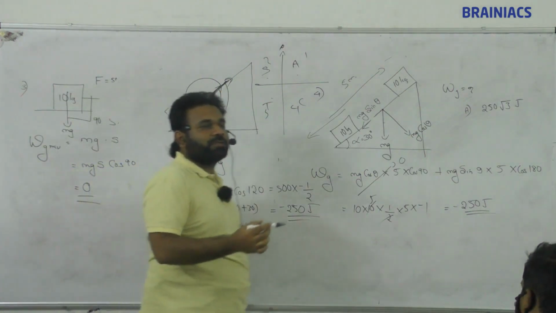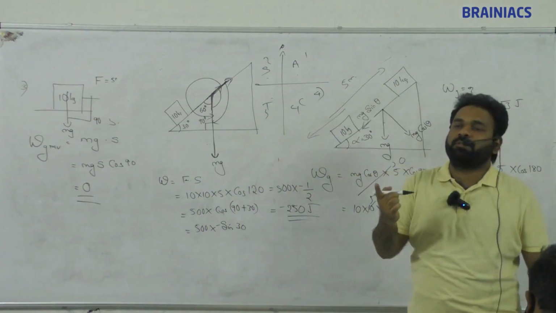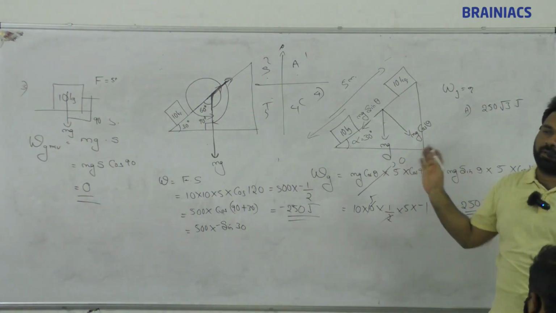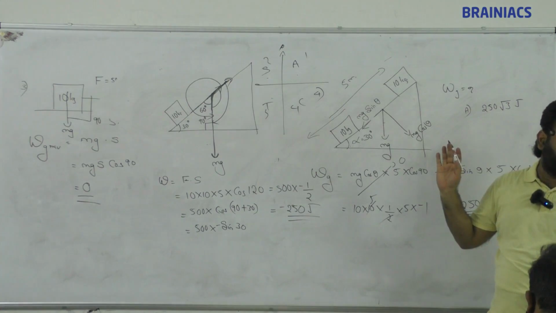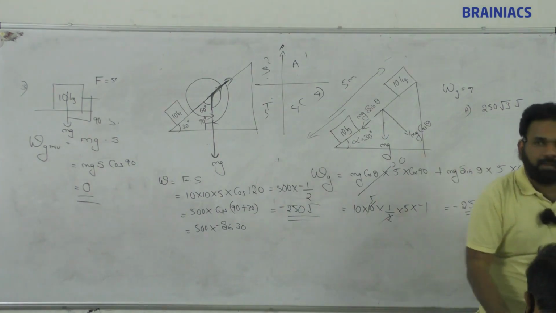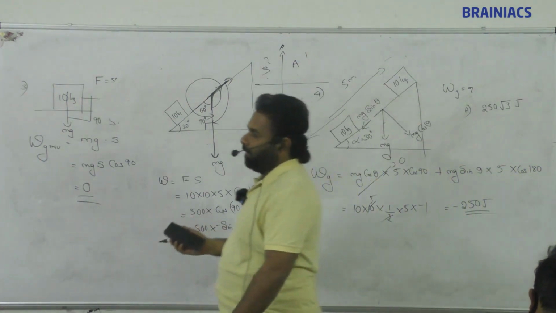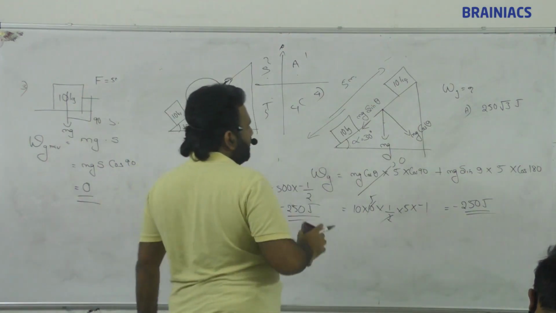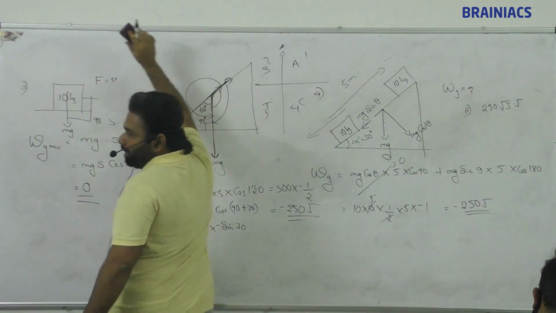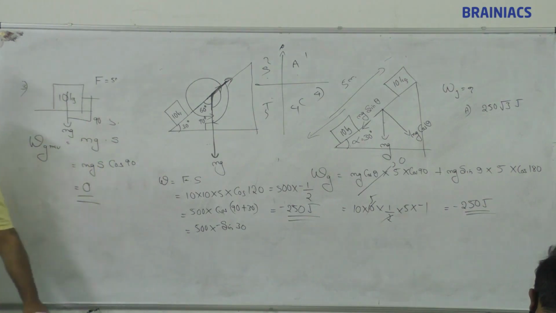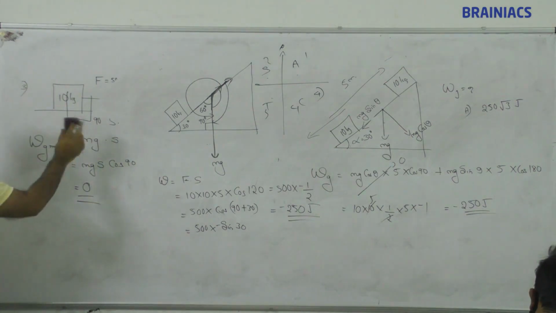Always choose the smaller angle. In the vector basics we have discussed, choose the smaller angle. Correct or what? Any confusion? Clear? Fine. Same question, we'll draw it again. This is clear?